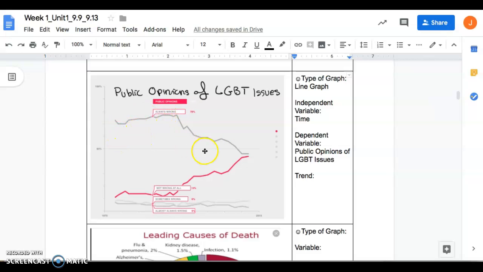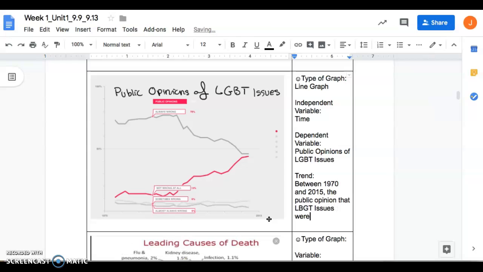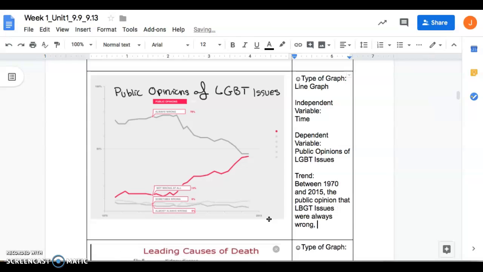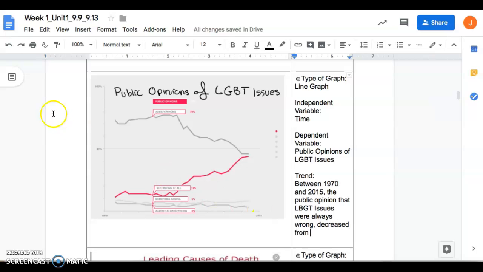I see that between 1970 and 2015, because that's when this study took place, the public opinion that LGBT issues were always wrong decreased from, let's see, it started around, I would say, 75%, to right under 50%.